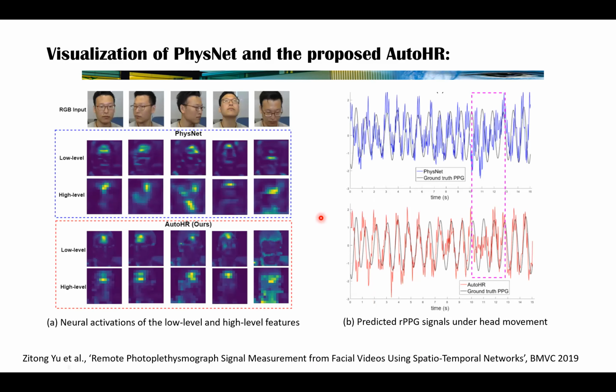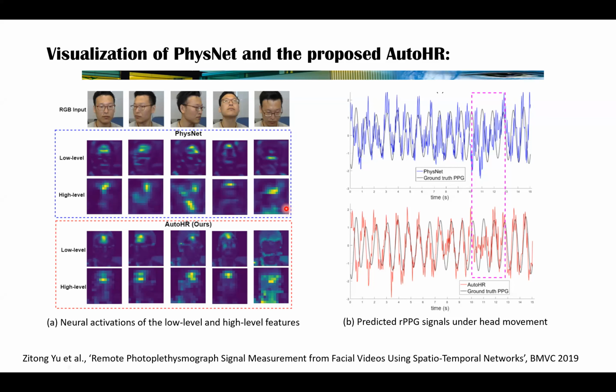Finally, we also give a visualization of the baseline PhysNet and our proposed AutoHR. When the input has very large head motion, PhysNet usually focuses its feature response elsewhere. For example, you can see in this head nodding, their features focus on the neck, but not the facial regions, which might be undesired feature response.